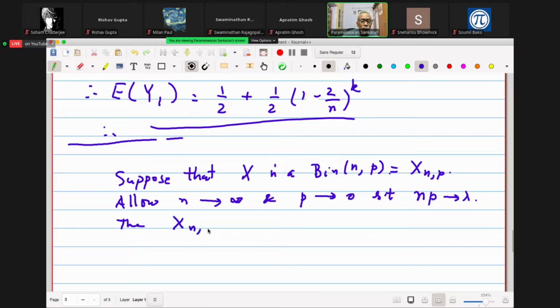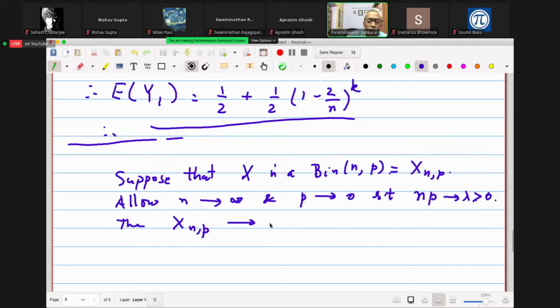It's not like I'm sending n to infinity independently of p. It doesn't matter which way n goes to infinity and p goes to 0, but I want np to go to lambda. Lambda is some number bigger than 0.